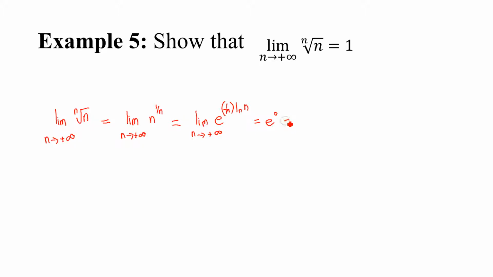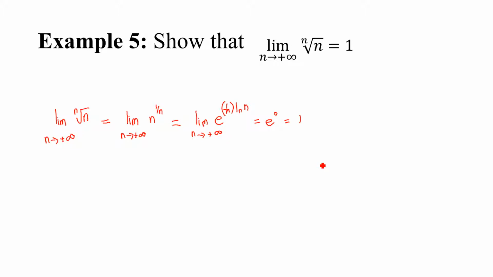And any number raised to 0 is equal to 1. Therefore, we have now shown that the limit of the nth root of n as n approaches positive infinity is equal to 1. So that would be the explanation there.